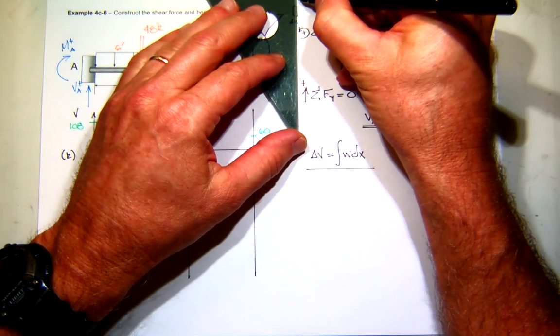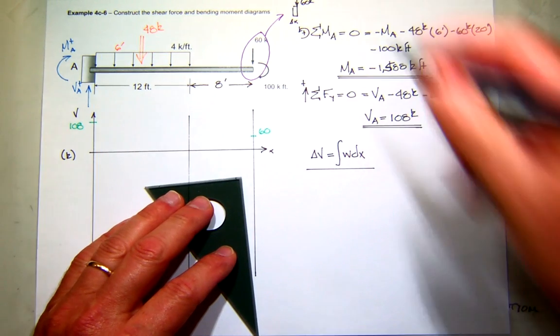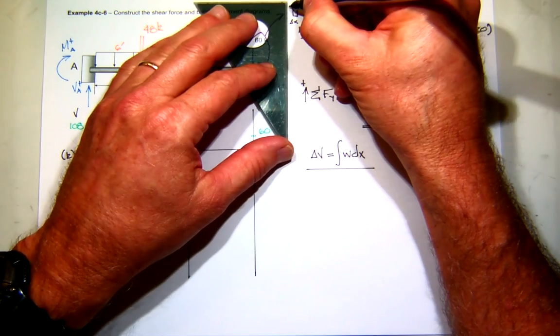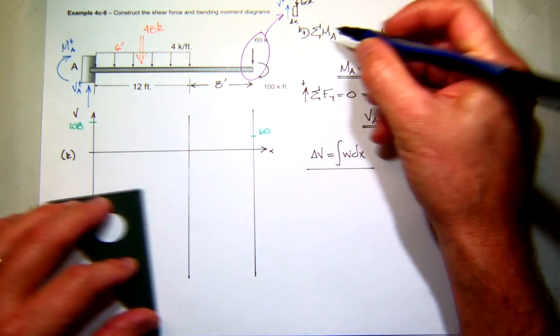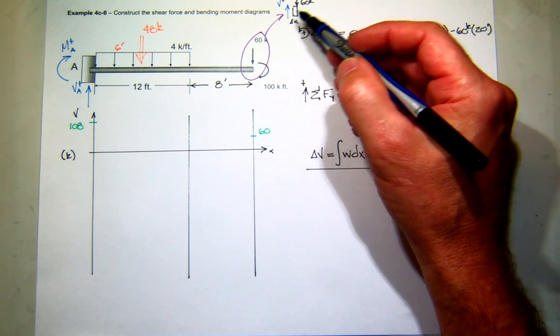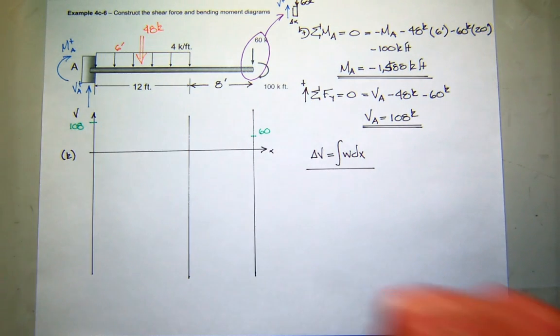And on the right side, I would have the force at 60 kips. And on the left side, positive shear will be up. So if you sum forces, you can see that it would be positive. When in doubt, you can just draw a little free body diagram there.